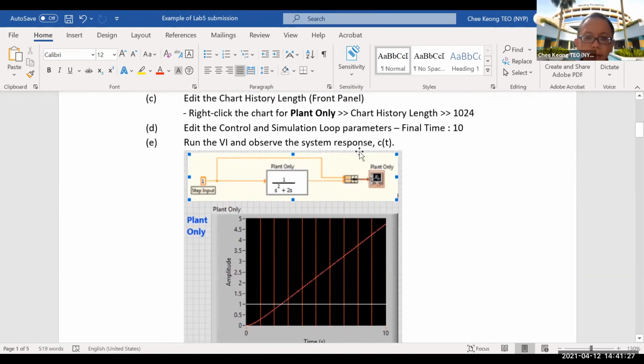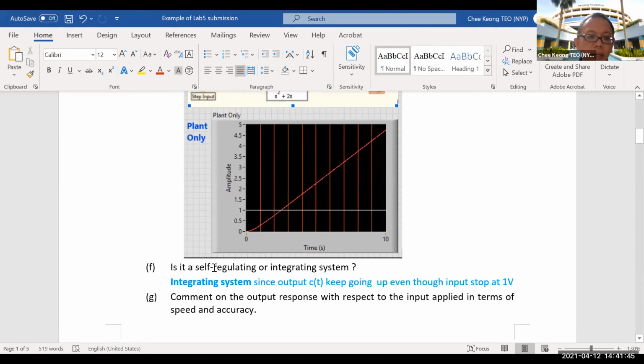Then you run it, right? Run it. So you realize that the open loop, the plant only, this is the plant without feedback. When you apply a step function of 0 to 1 volt, the output actually runs all the way up to 5 volt. So this is the characteristic. Now, part F asks you, from your observation of the output, is it a self-regulating or an integrating system?